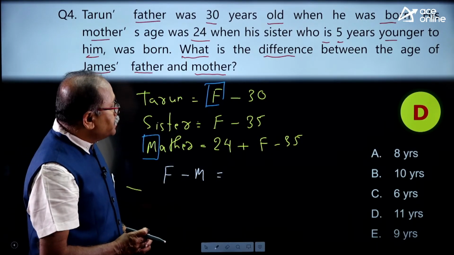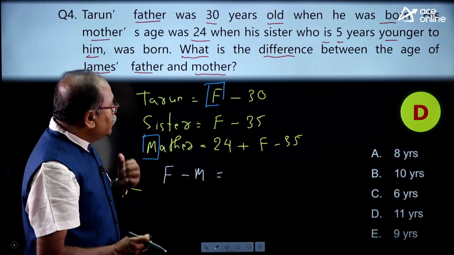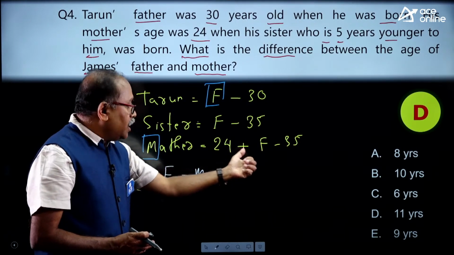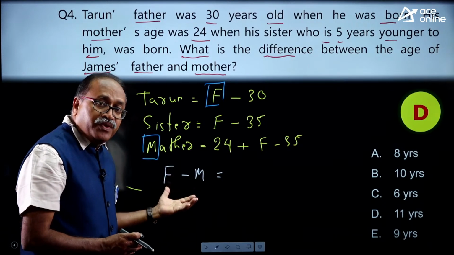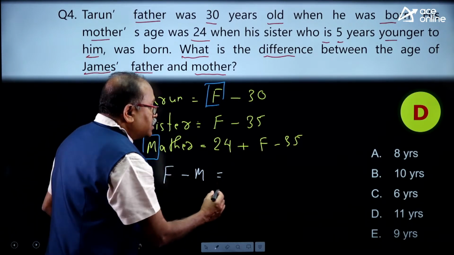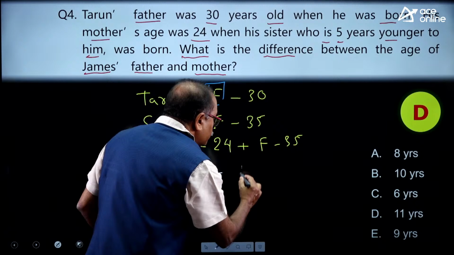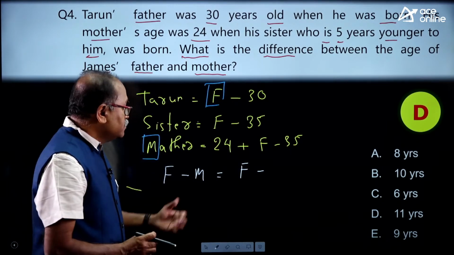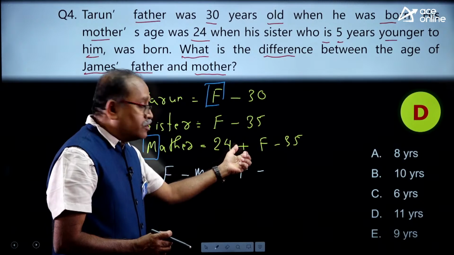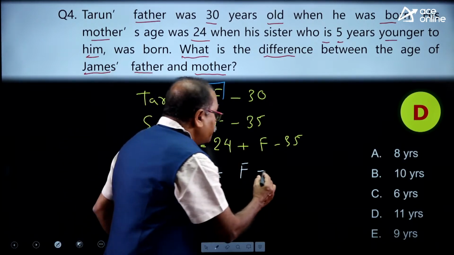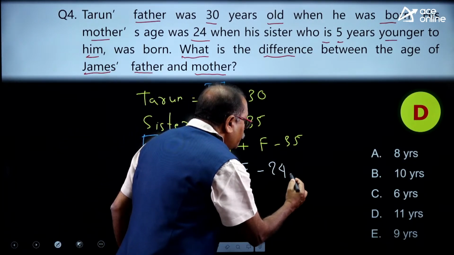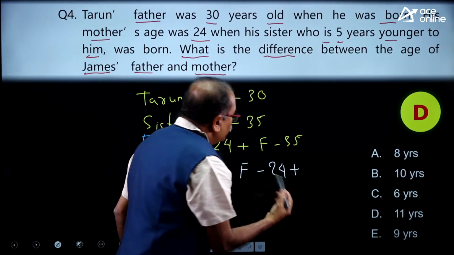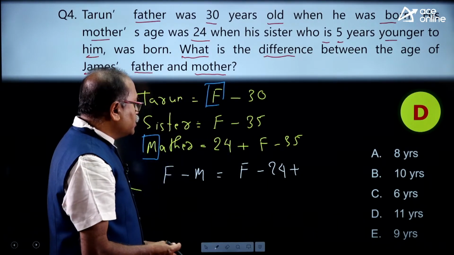The mother's age I already know, and the father's age is F. So this is F minus 24 plus F. Will it be plus F or minus F?